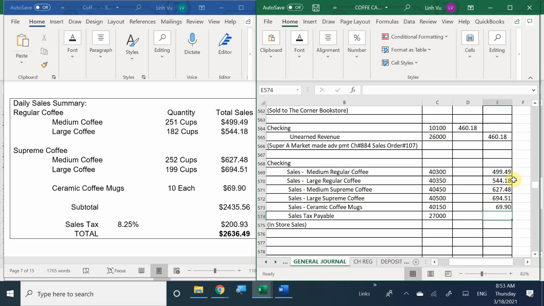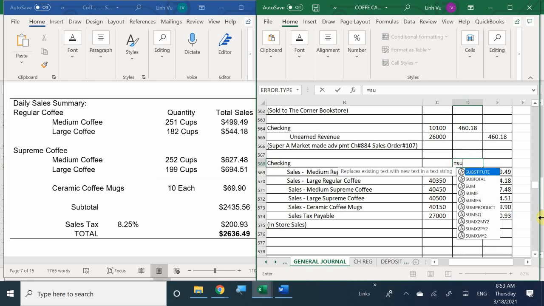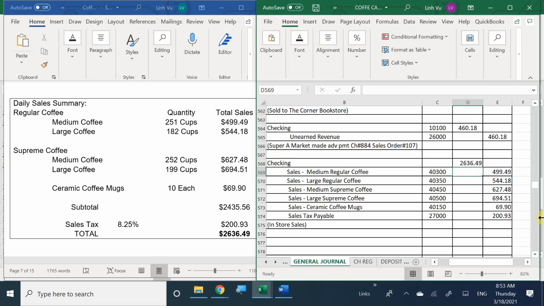All right, and what was my sales tax? $200.93. All right, and that should all equal $2,636.49. Good.